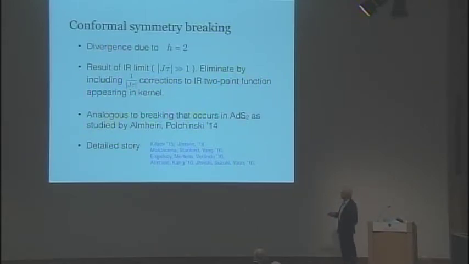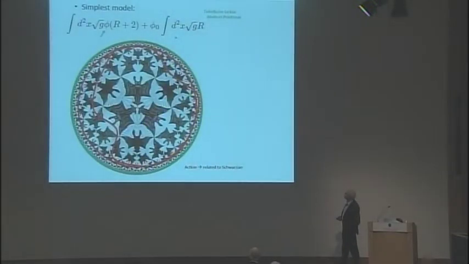It was really worked out recently by Almheiri and Polchinski, based on a slight modification of Einsteinian gravity in 2 dimensions due to Jackiw and Teitelboim. Jackiw and Teitelboim realized you can't really just deal with Einstein's action, since the curvature is topological.